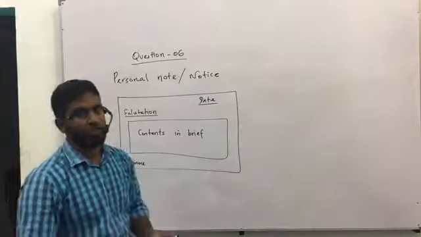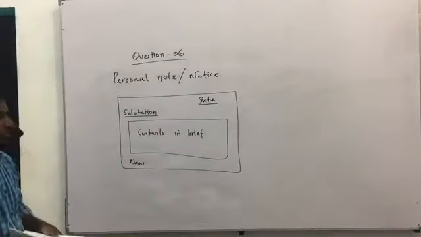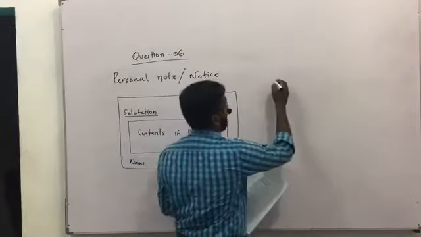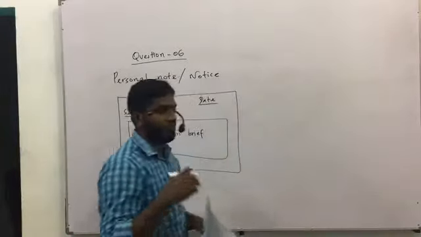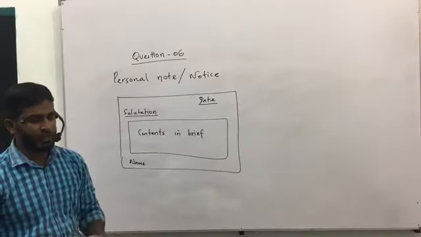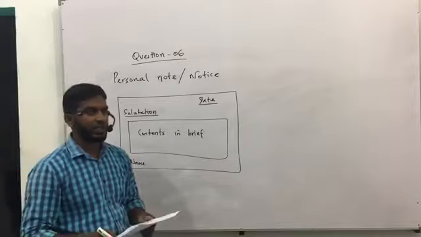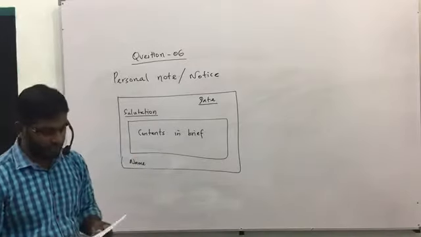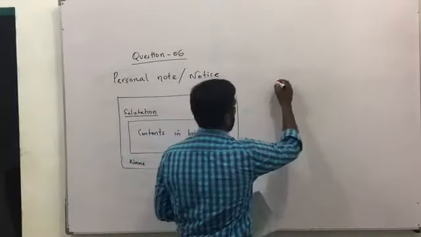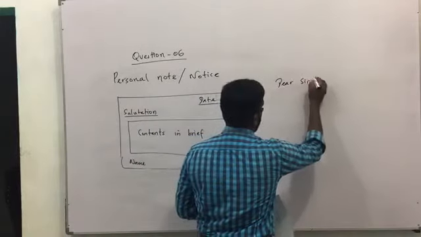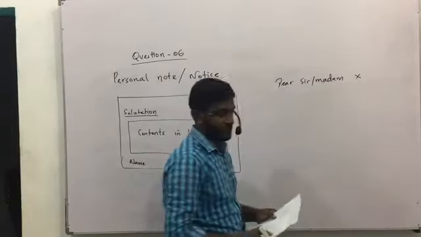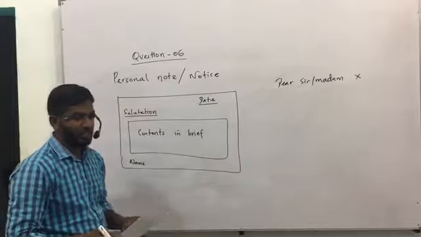But I am going to tell you, there are 2 types of letters in English, formal or informal letters. In formal letters, as usual, we write dear sir or dear madam, but for personal notes that is not necessary.